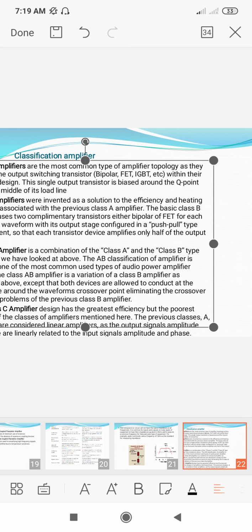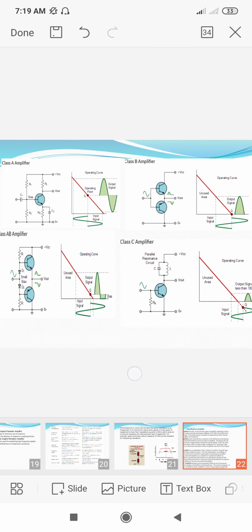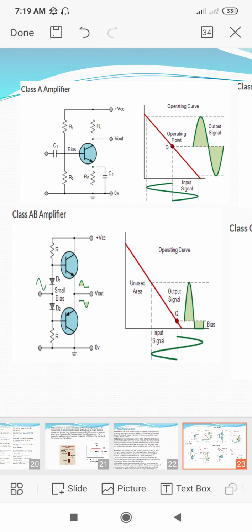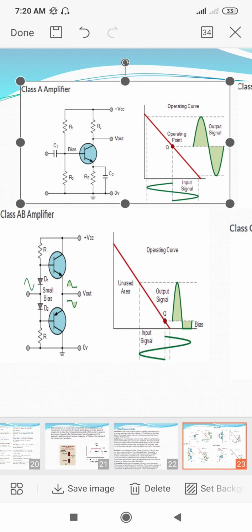You can see the graph of the class A amplifier circuit. This one is the NPN transistor with base, emitter, and collector, and C1 is the input capacitor. This is the load line with the DC operating point Q and the operating curve.